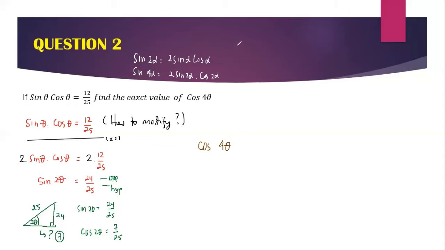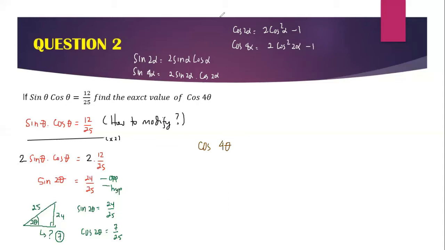Okay, what about cosine 4 alpha? Cosine 2 alpha equals 2 cosine square alpha minus 1, right? So cosine 4 alpha equals 2 cosine square 2 alpha minus 1. Is it correct? Just modify the formula, right?